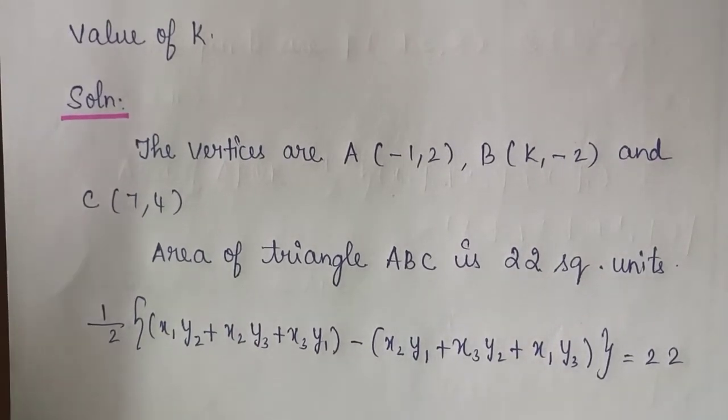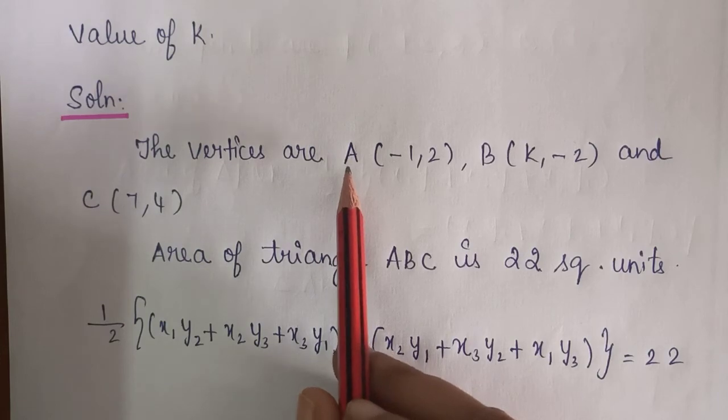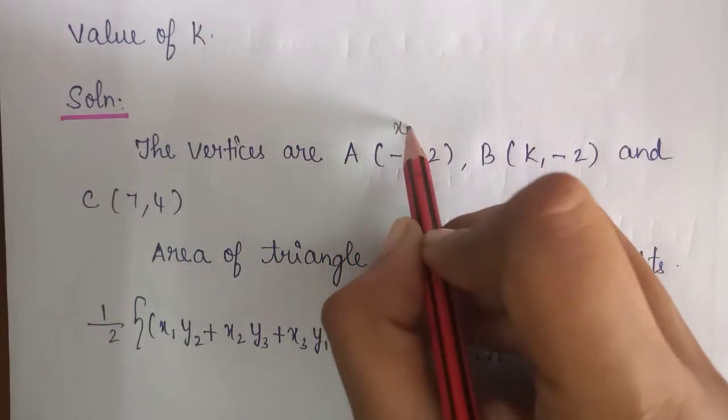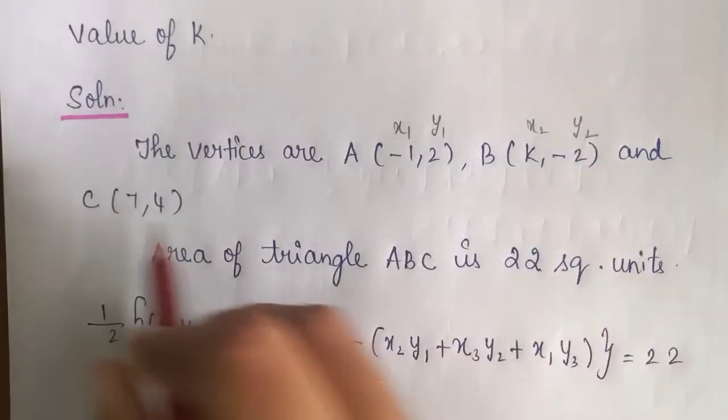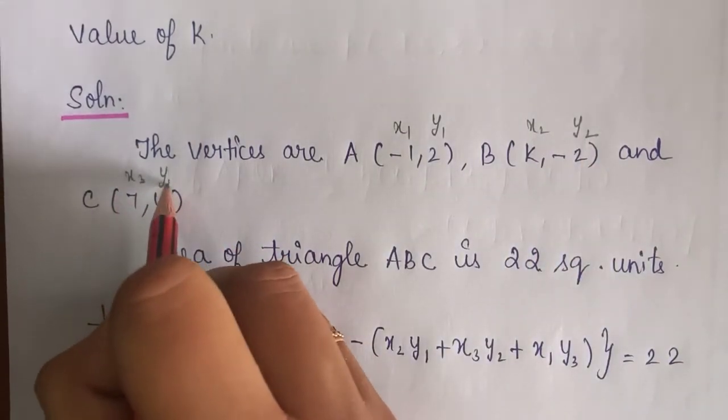So we know the formula. Area of a triangle is 1 by 2 into x1 y2 plus x2 y3 plus x3 y1 minus x2 y1 plus x3 y2 plus x1 y3 is equal to 22. So already we know the A vertex point is x1 y1, this is your x2 y2, and this is x3 y3.